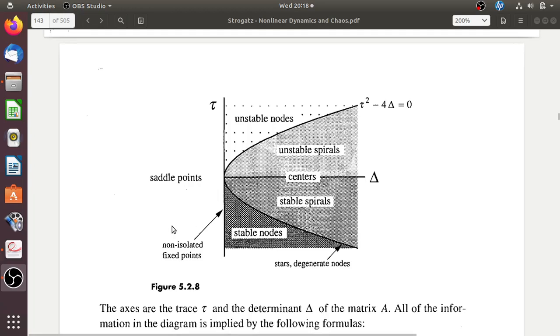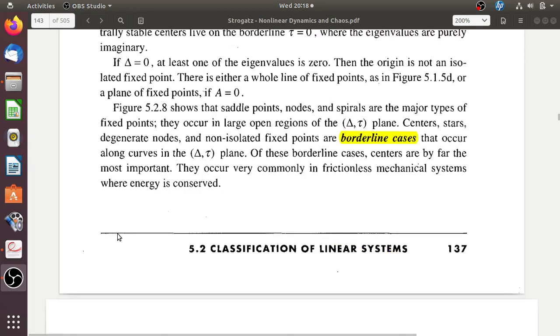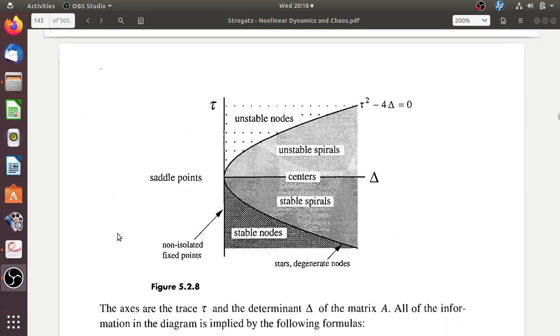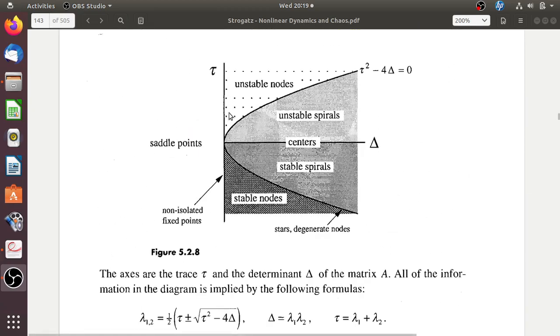Okay, let's see an example. But by the way, this line and this line are known as borderline cases. These are very important. Why? Because a little disturbance is going to totally change the behavior of the system. Whether it's stable or unstable, a little disturbance could change the system, and the same goes for this one.